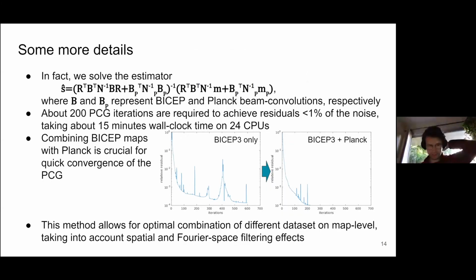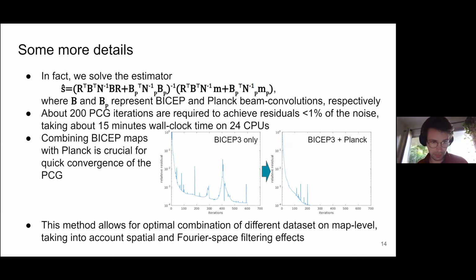So I've ignored the beam in the previous equations, but we account for the different beams in the BICEP and Planck maps. To give some ballpark numbers, it's something like 100, 200 iterations, which we usually do, taking about 15 minutes on 24 CPUs.